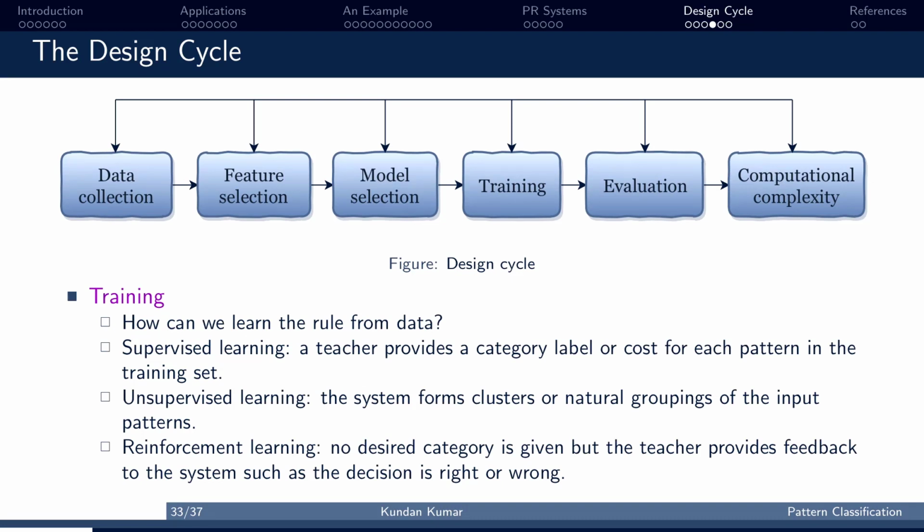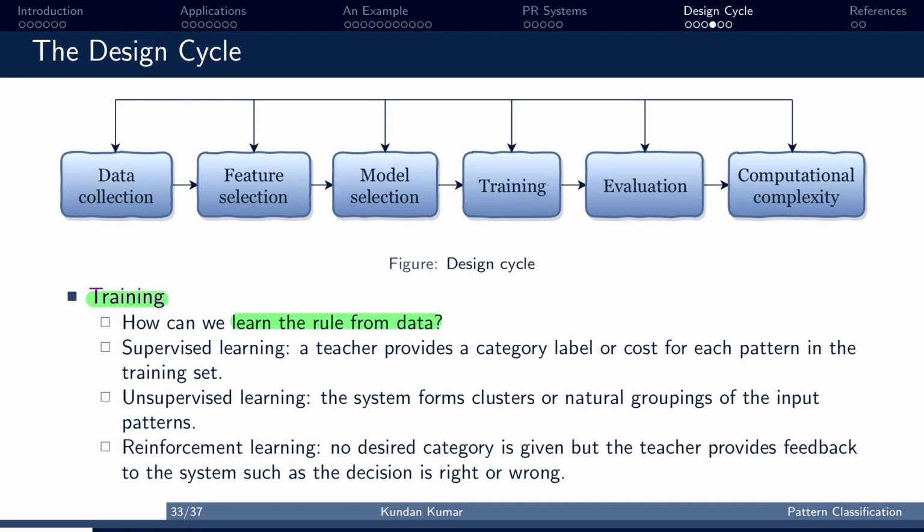Then we perform training. So how can we learn the rule from the data? We have different learning algorithms, and we will see them. Bayes decision rule, neural network, artificial intelligence.